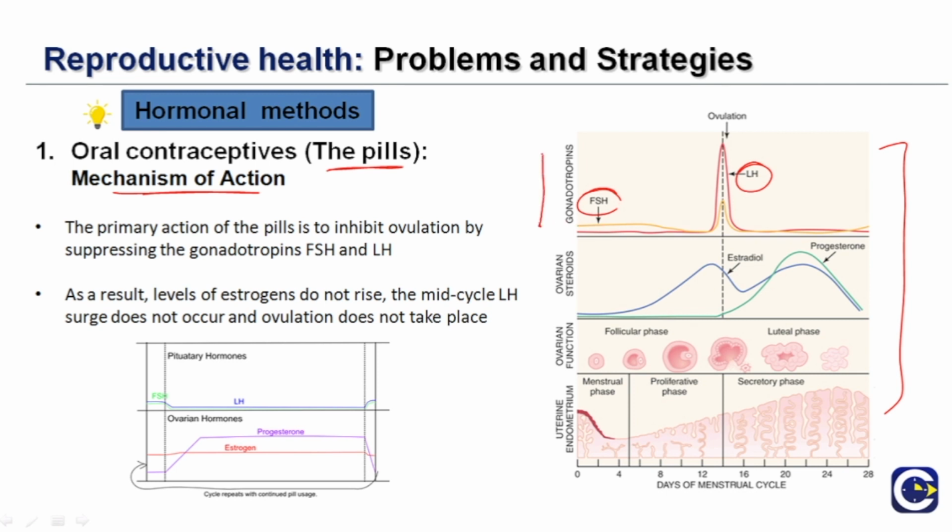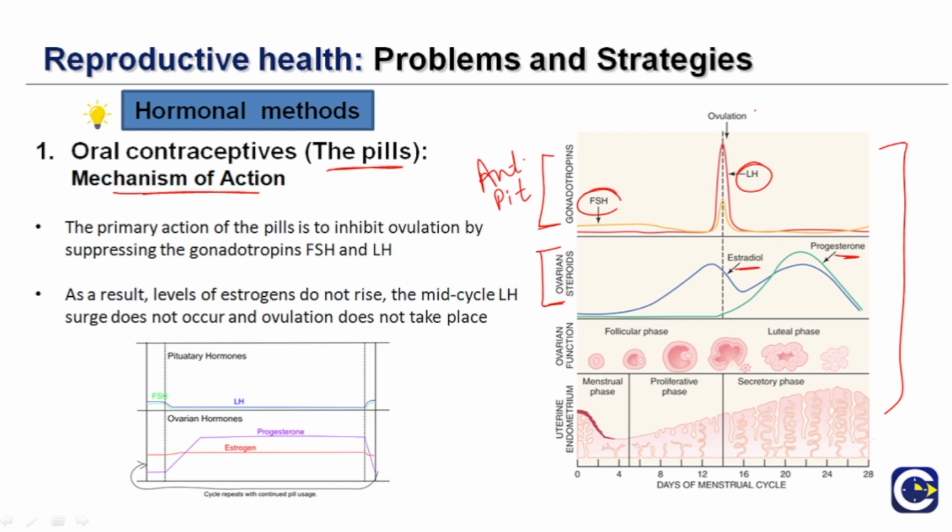These are also called gonadotropins because they are released by the anterior pituitary gland. These gonadotropins LH and FSH further affect the hormones in the ovaries, or the ovarian steroids, for example estradiol and progesterone.